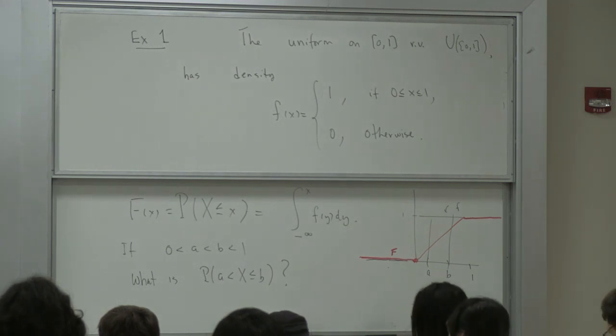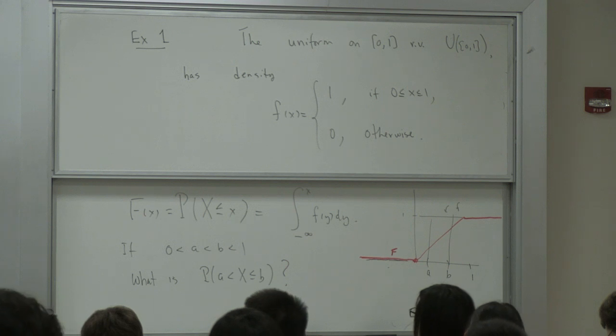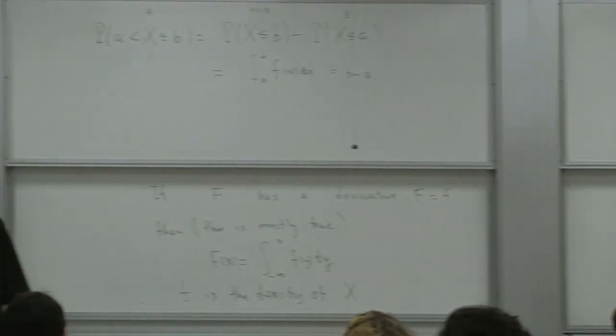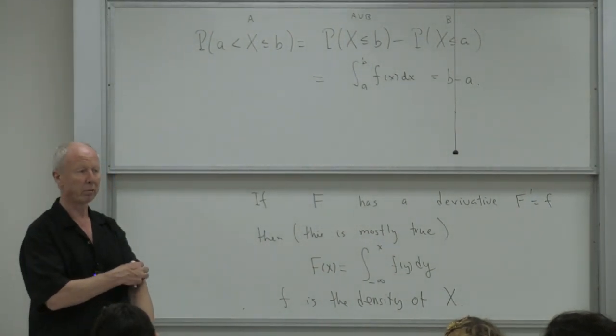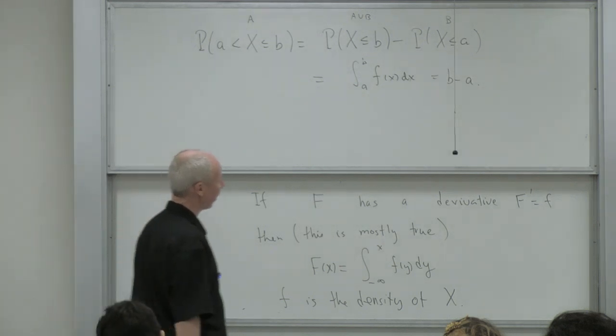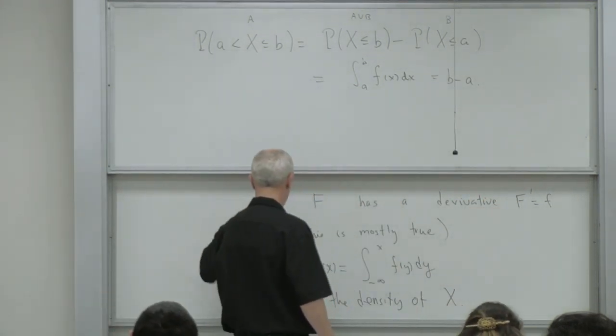This is called, again, the uniform random variable. It corresponds to picking a number at random between 0 and 1. If you hear the phrase pick a number at random between 0 and 1, it means take a random variable x with this density.